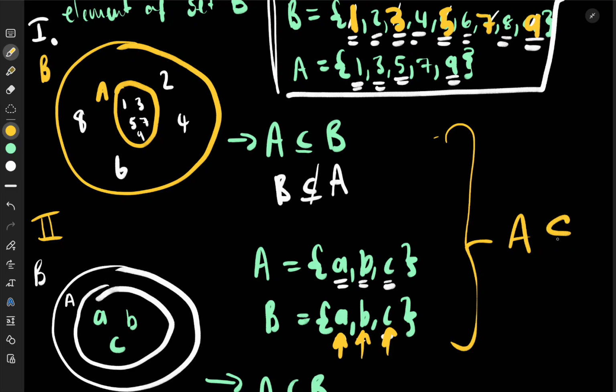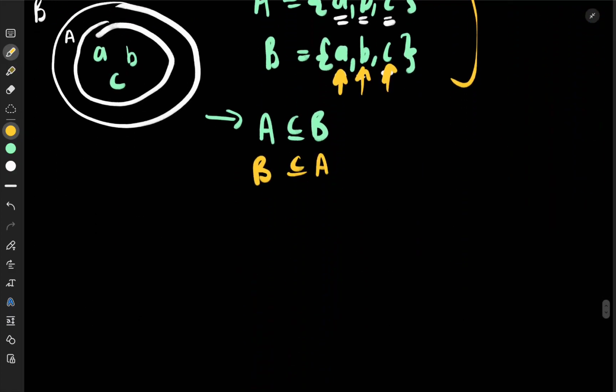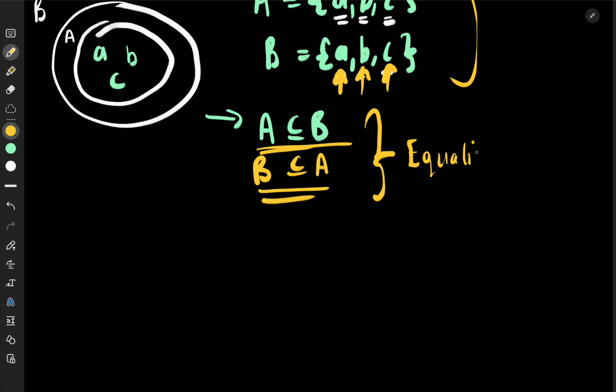For the first one, A was a subset of B, but B was not a subset of A. For the second one, A was a subset of B, but B was also a subset of A. Now, this special situation where A is a subset of B and B is a subset of A, we call it equality of sets. Equality means these two are exactly the same.